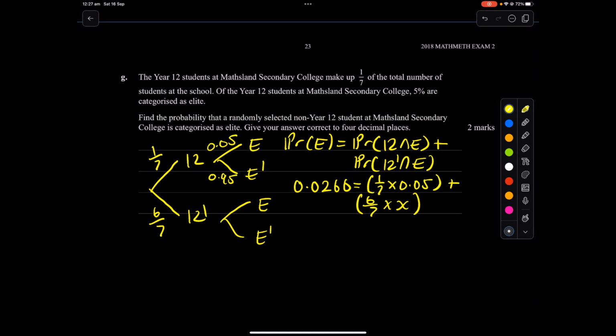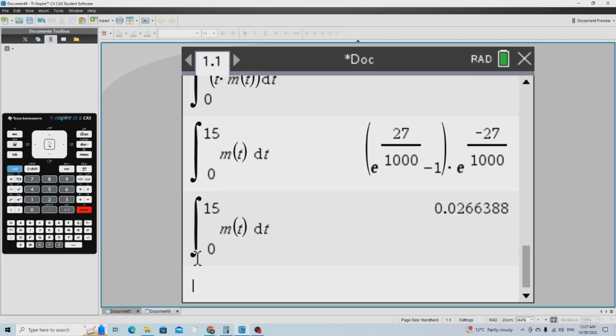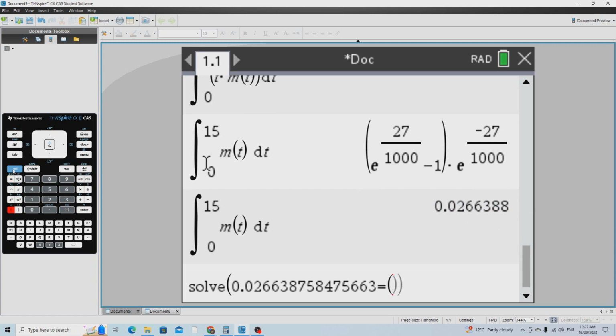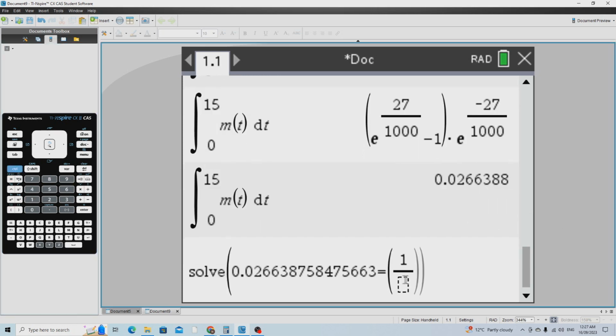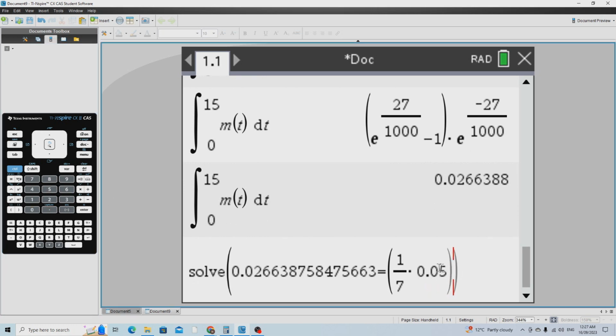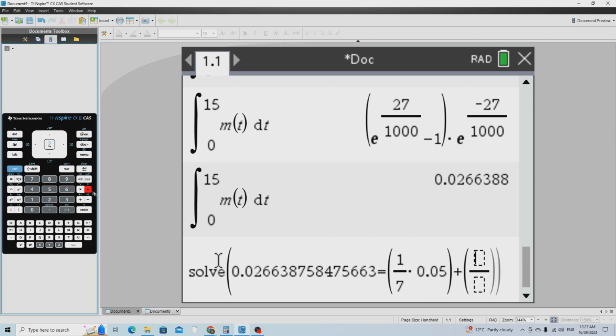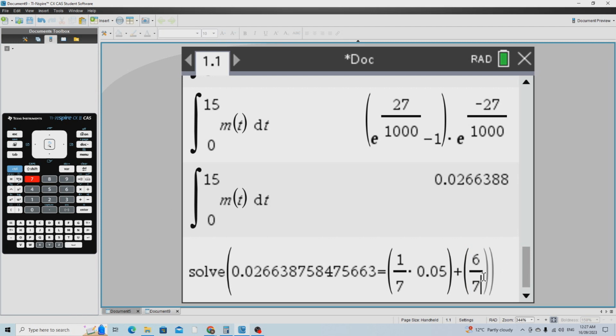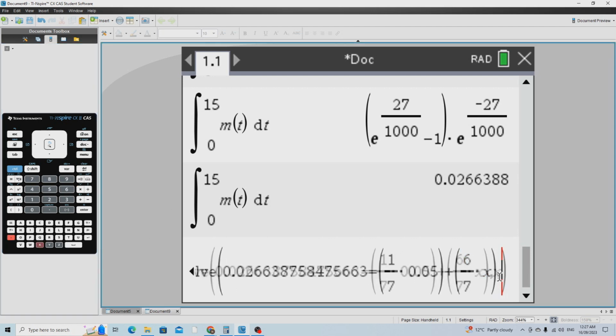Now doing this in our calculator, we can say solve: this value over here equals 1/7 times 0.05 plus 6/7 times x, comma x.